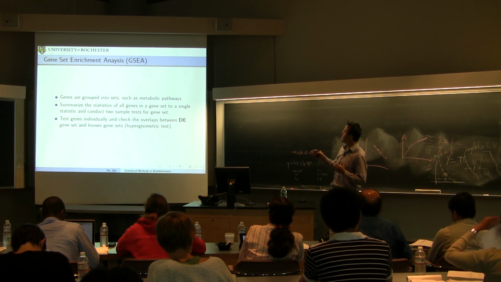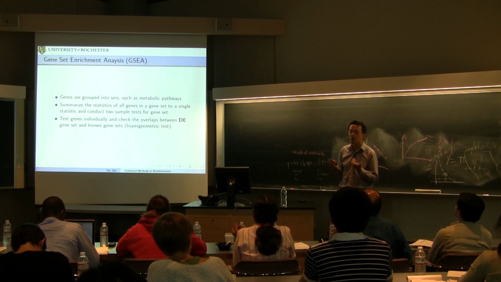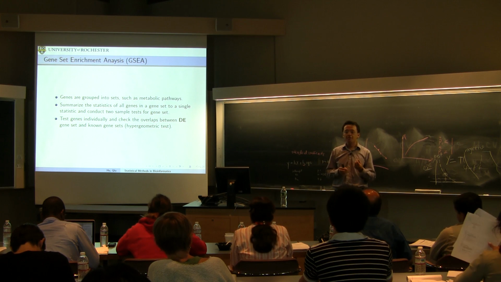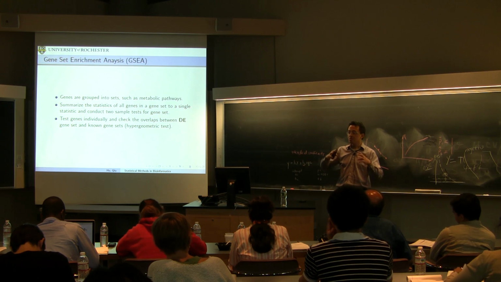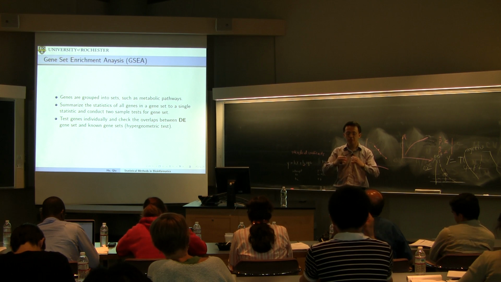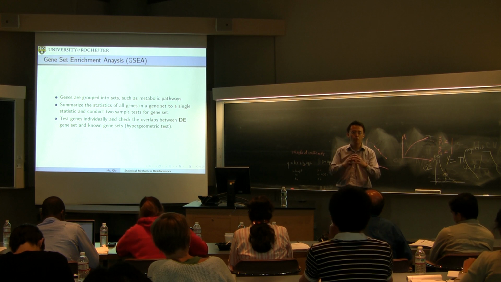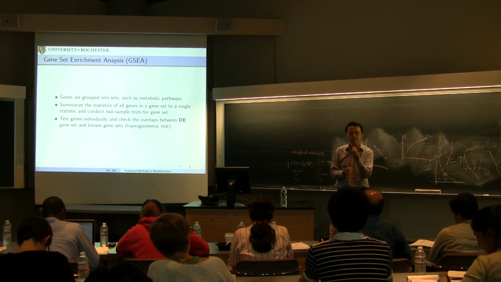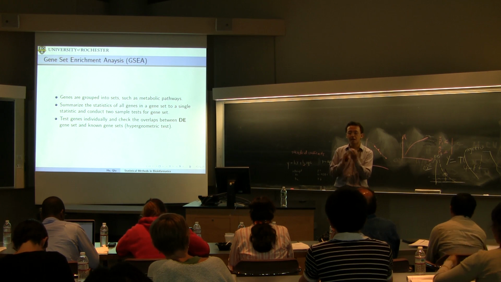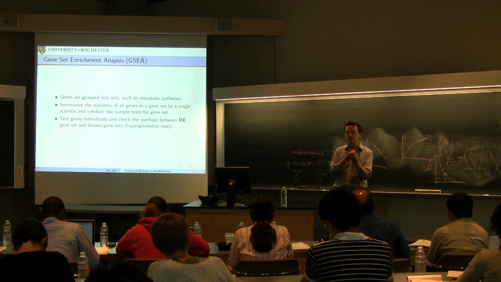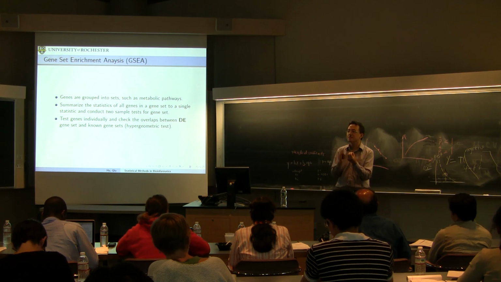If that's the case, there are two ways to do that. One way is, for each individual gene you have a t-test, for example a t-statistic. Within each group, you can summarize the statistic for all the genes together to get a statistic for your whole gene set. Then you compare this statistic across two different groups to get a significance.